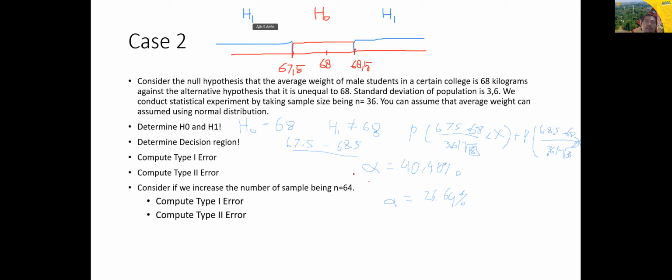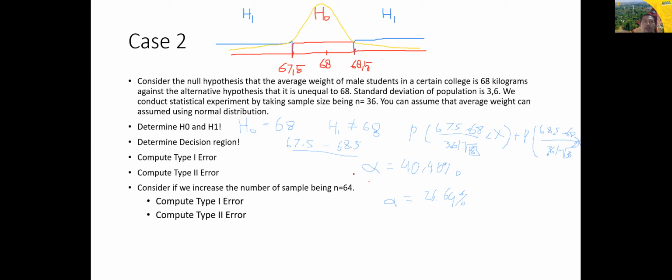So in this case, the alpha of type 1 error, we can see, let's say this is the probability for the null hypothesis.